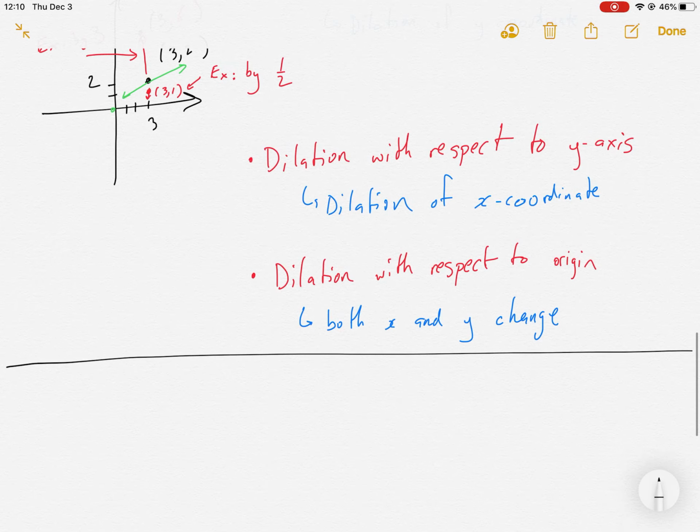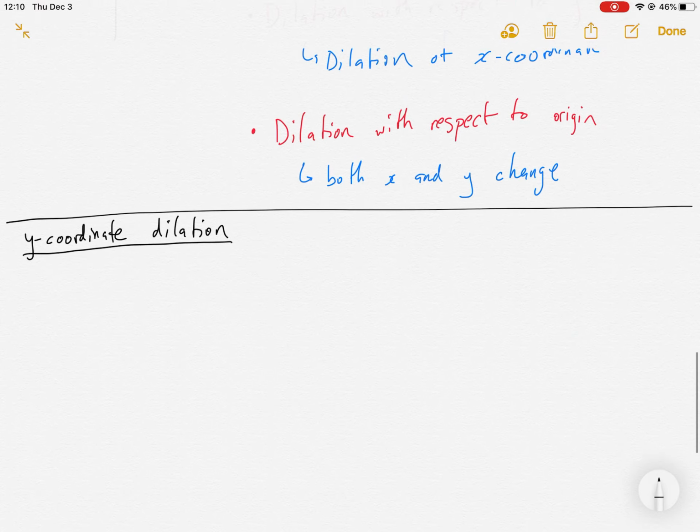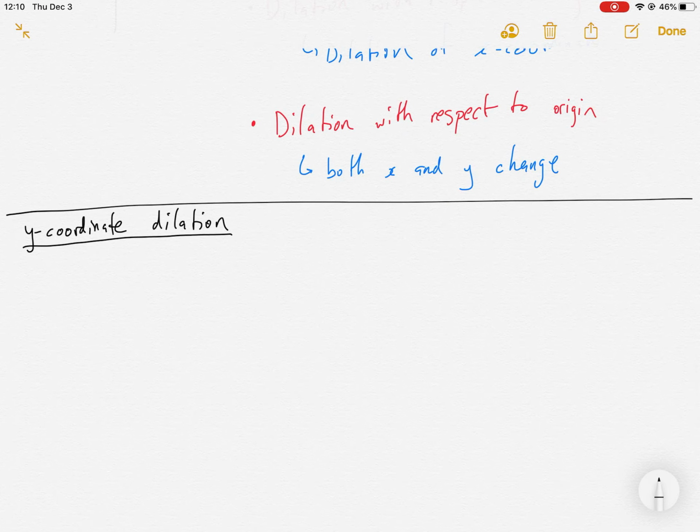So let's start off with the y-coordinate dilation. And let's just do the general form of the matrix first. So in this case, the transformation matrix is going to be 1, 0, 0, and then this last value can be whatever we want the dilation to be.